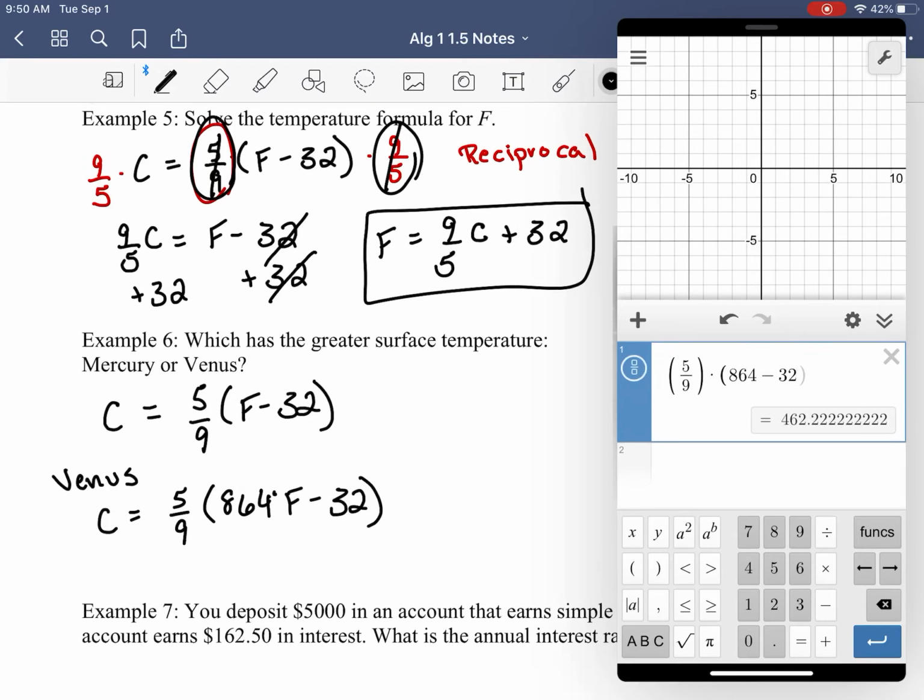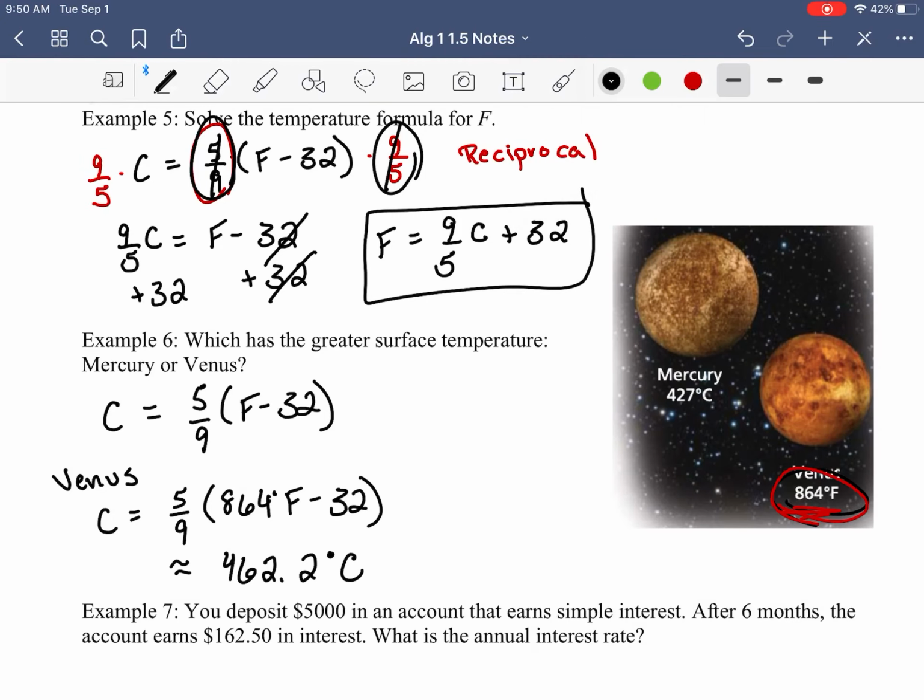We end up getting about 462, approximately. And in this case, approximately will work because we just want to know which one has the greatest surface temp. So 462 for Venus compared to 427 for Mercury. So Venus has the greater surface temp.